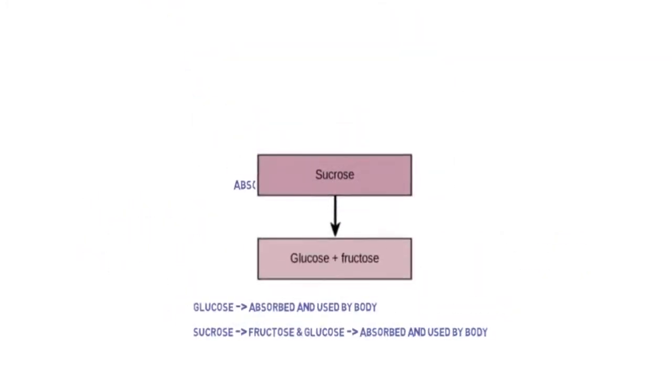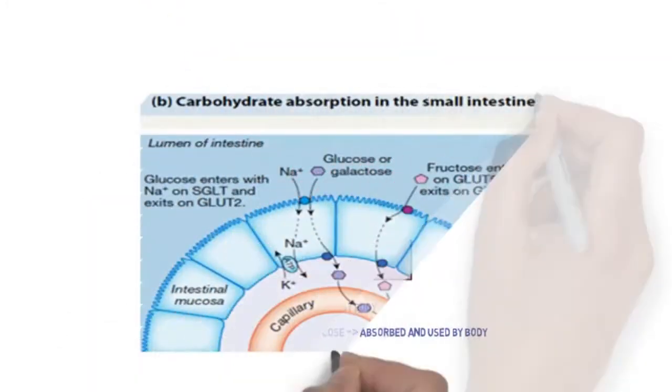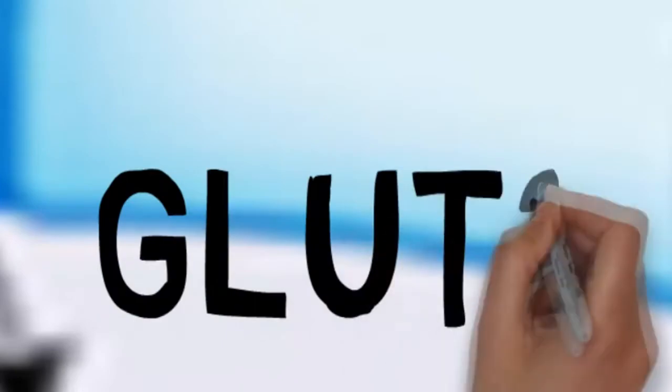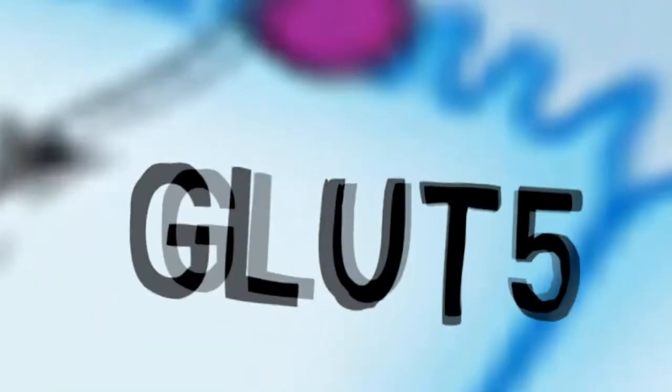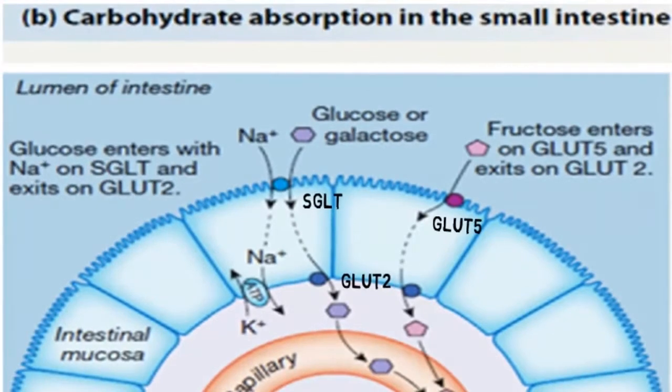The absorption of carbohydrates is dependent on a few transporters, namely the SGLT, GLUT2, and GLUT5 transporters. The intestinal glucose absorption is mediated by SGLT through the intestinal mucosa and exits at the GLUT2 transporter into the capillary.